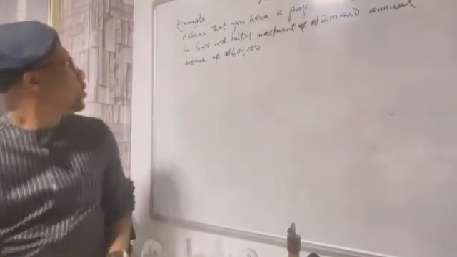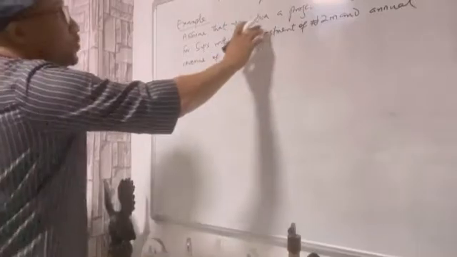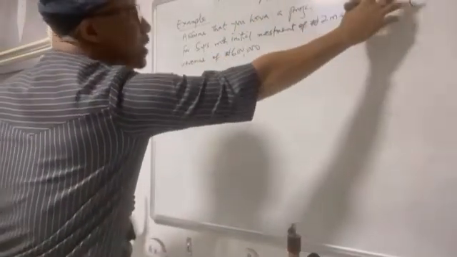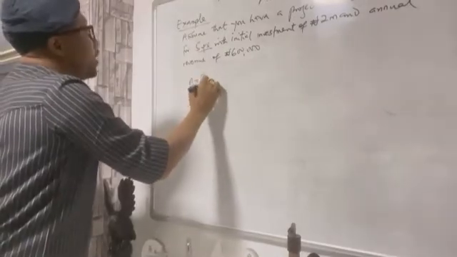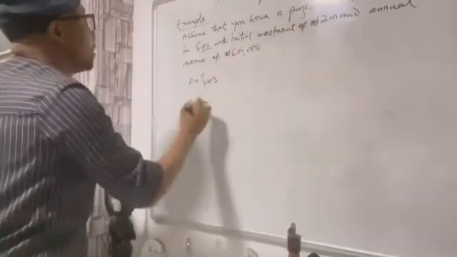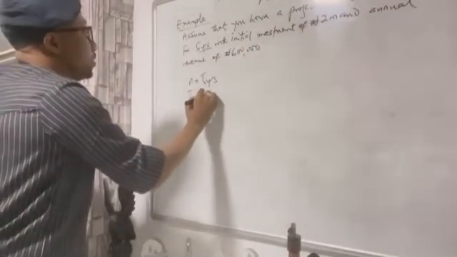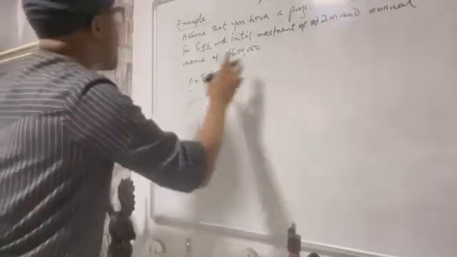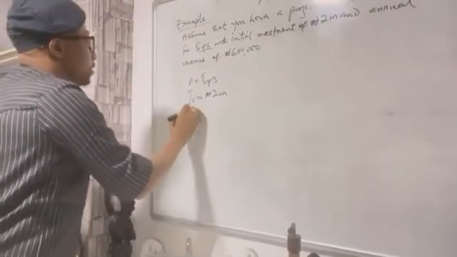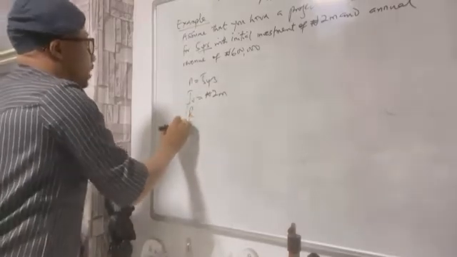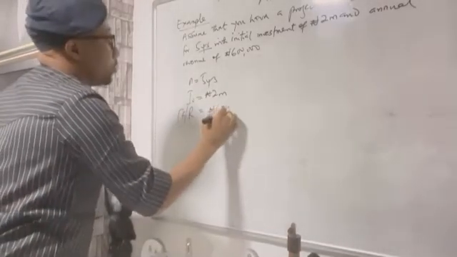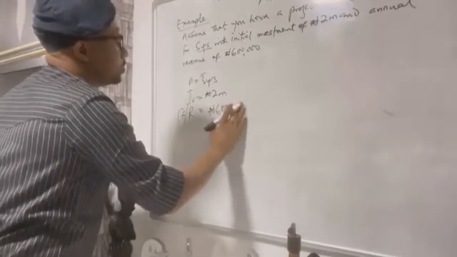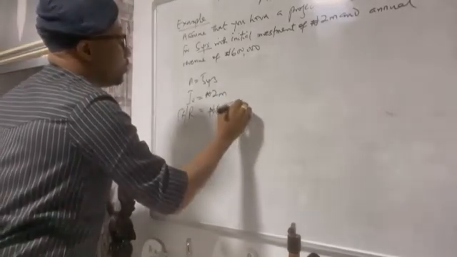As an example, let us assume that you have a project that will last for 5 years. So the number of years is 5 years with initial investment of 2 million, and annual revenue or cash flow is 600,000 per annum.